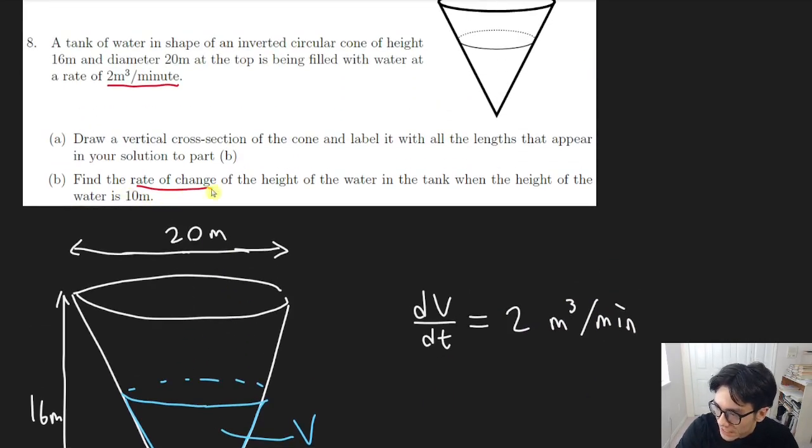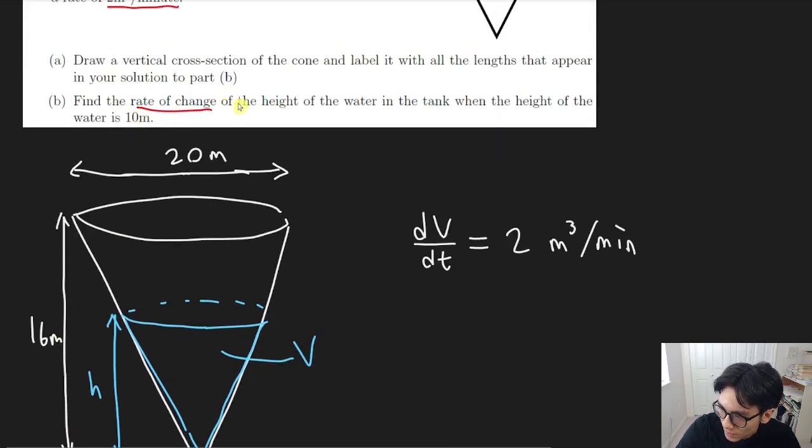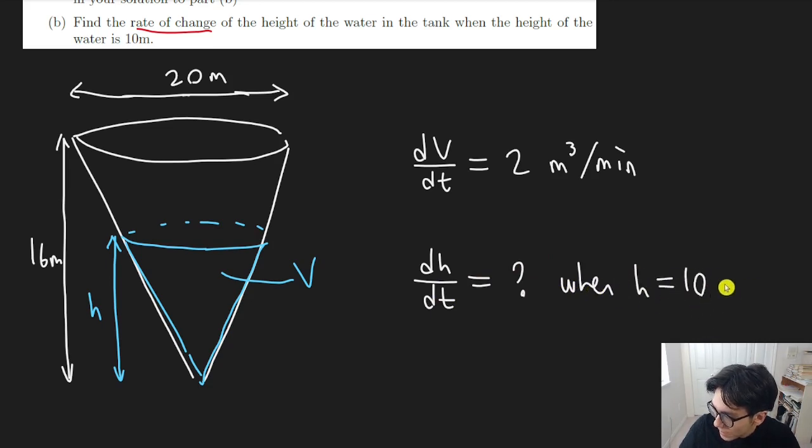We need to find the rate of change of the height of the water in the tank when the height is 10 meters. So the height of the water is this length, this distance here from the top of the water to the bottom. We can label that H. Our end goal is the rate of change of the height. So that means dH/dt. And so that's going to equal something. We need to figure that out. And we want to figure it out when H is 10 meters.